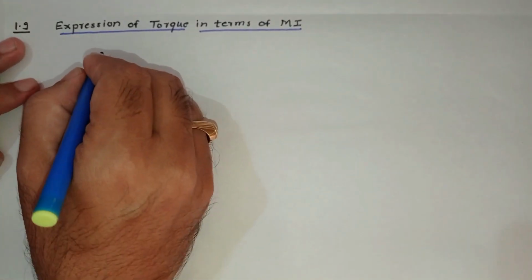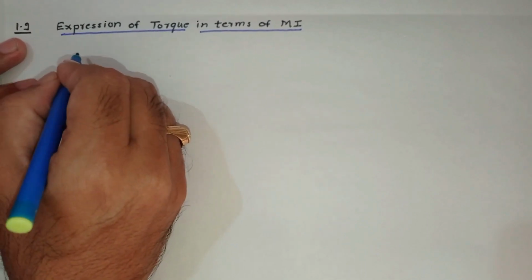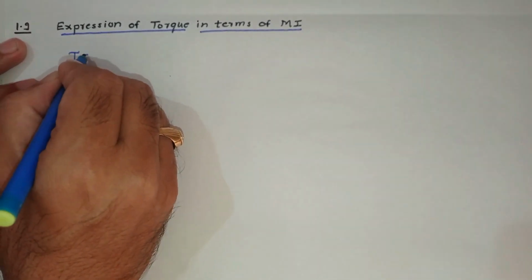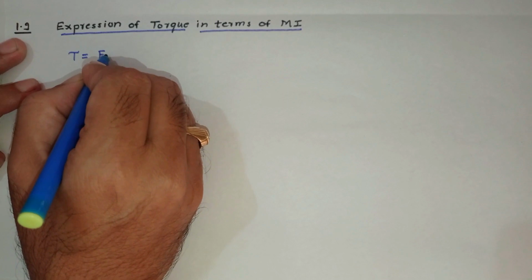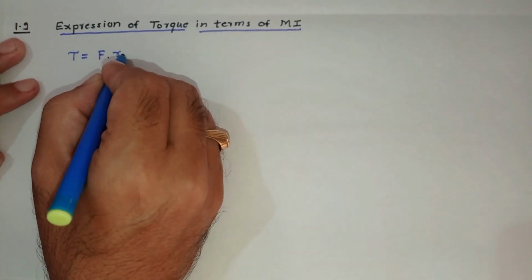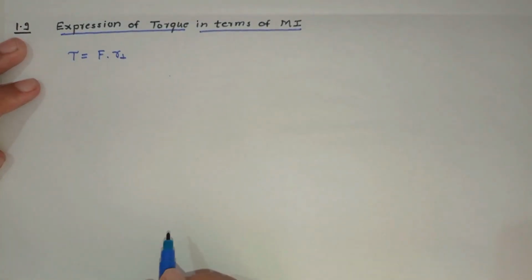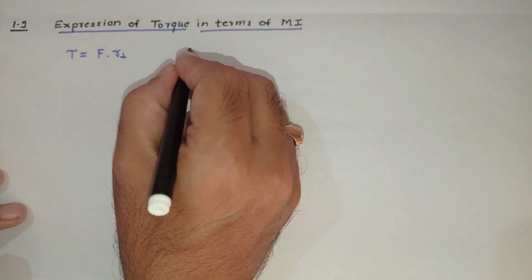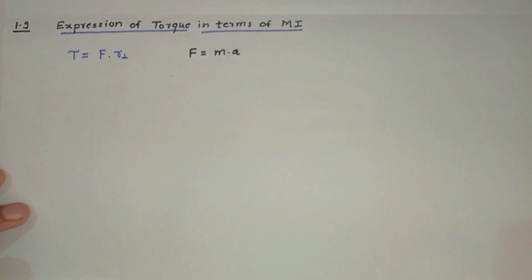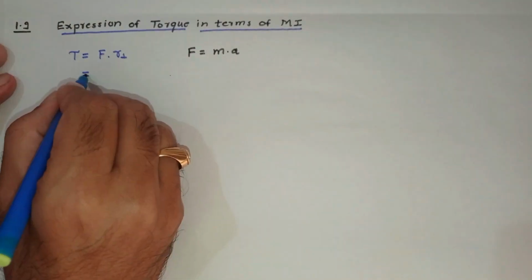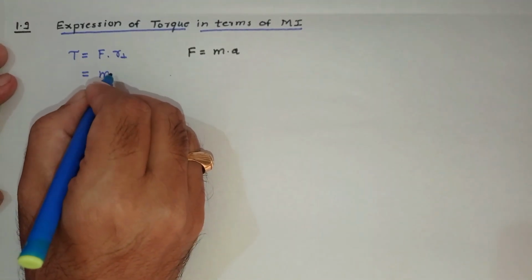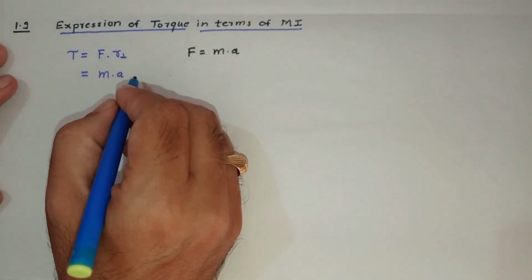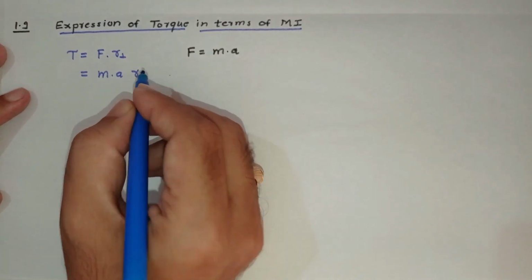We know that torque is equal to force into the perpendicular radius. We know that force is given by mass into acceleration. So instead of force I can write mass into acceleration, and this perpendicular radius as it is.